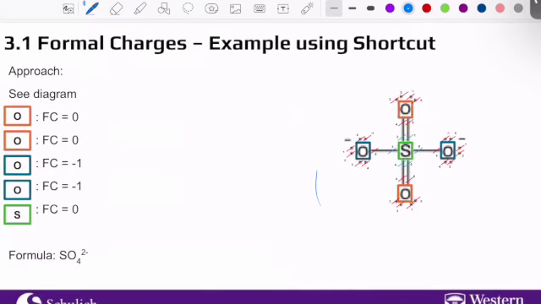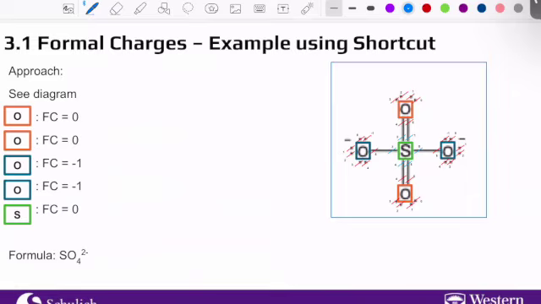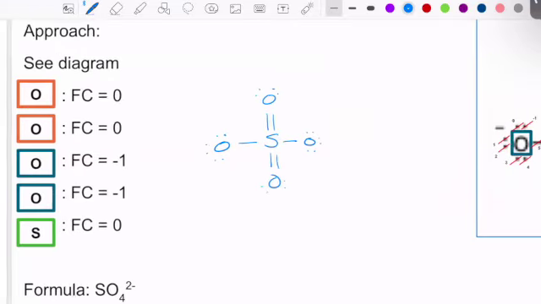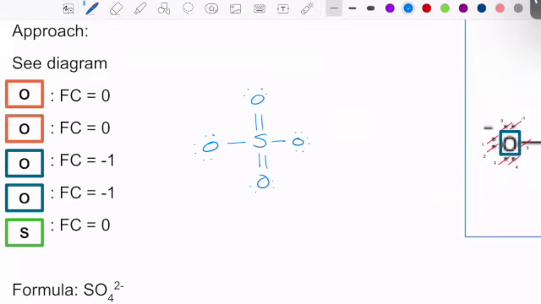So I've shown the depiction here. However, I will walk through it step by step. If we were to draw just the Lewis structure of this, including our lone pairs, I'm not going to draw the formal charges right now, but we know then this is the best representation.